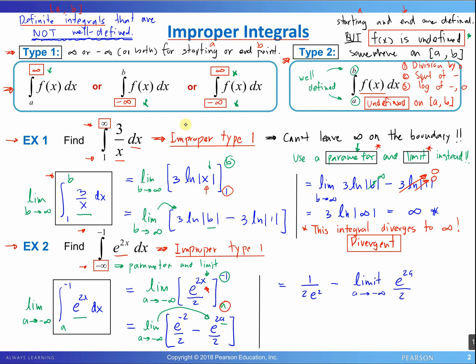And we know that this goes to 0. So in the end, we have this 1 over 2e squared alone as the answer for this example number 2. We can also say that this integral of example number 2 converges to 1 over 2e squared. In other words, this integral is convergent.